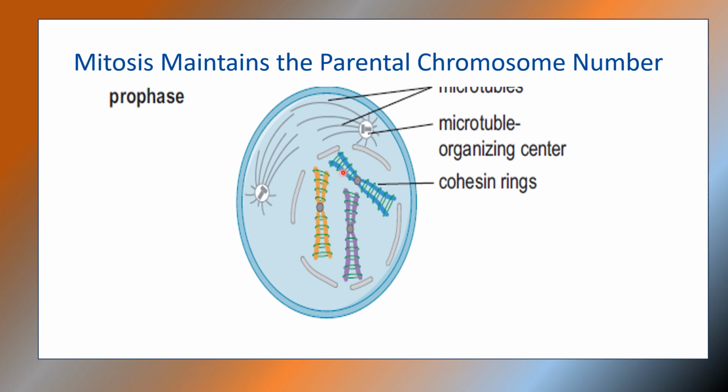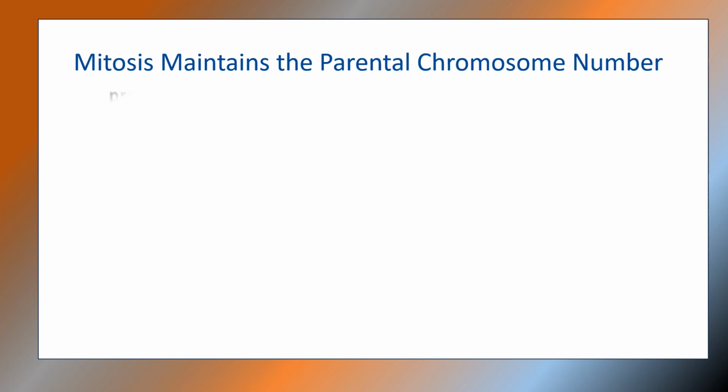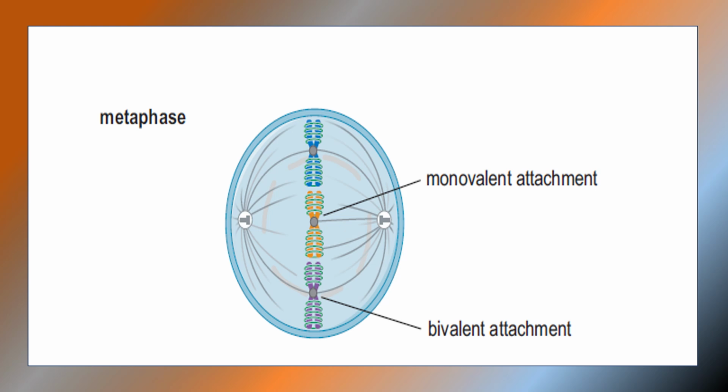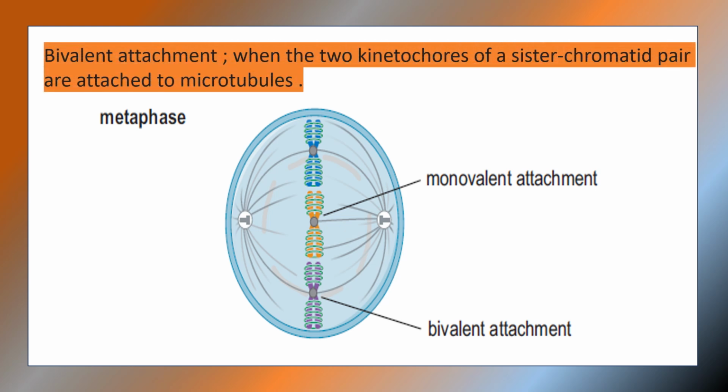By the time the cell reaches the end of the prophase, the chromatids are present in an extremely condensed form. After the prophase, the cell enters the metaphase. In the metaphase, another important process happens, called bivalent attachment.